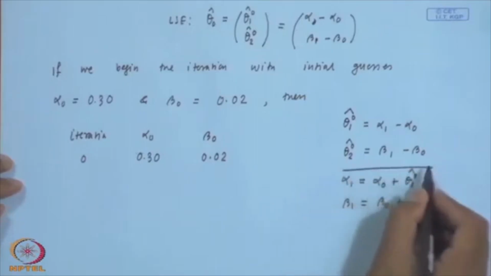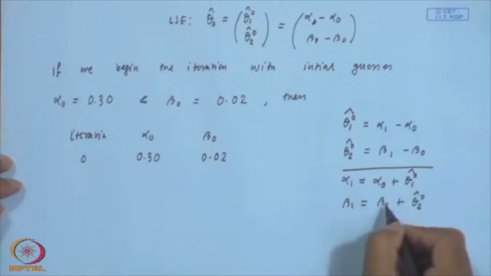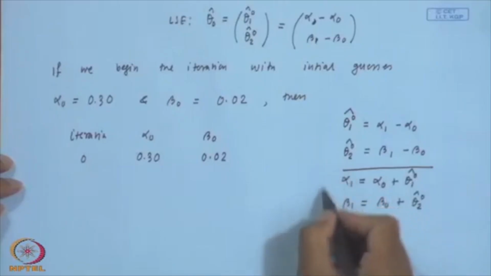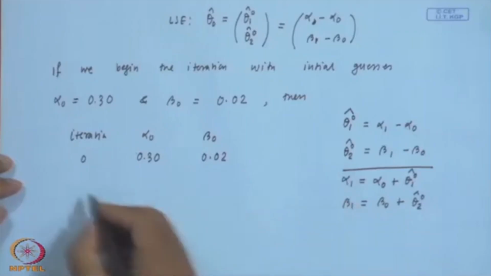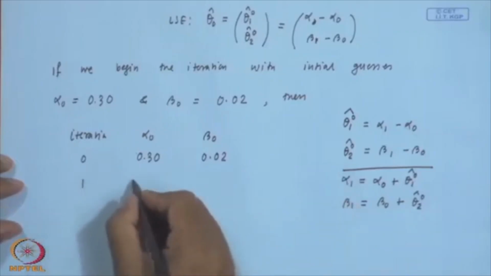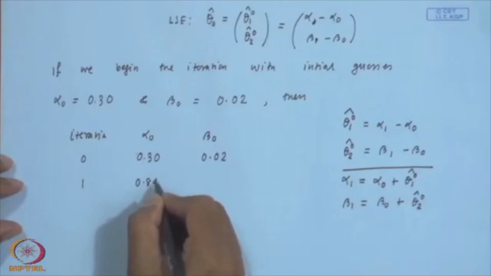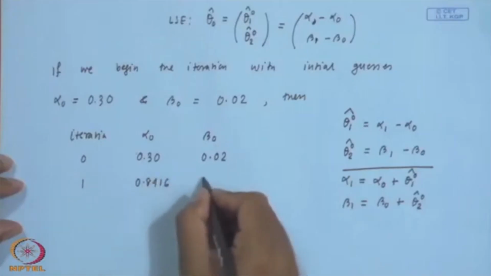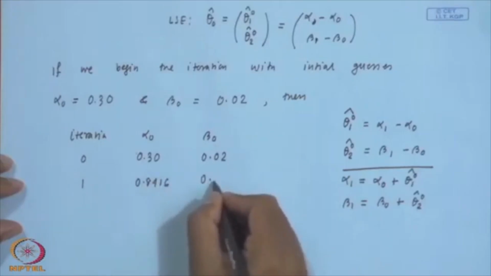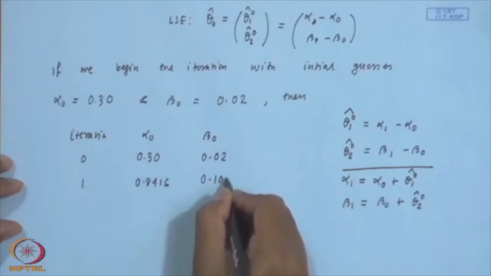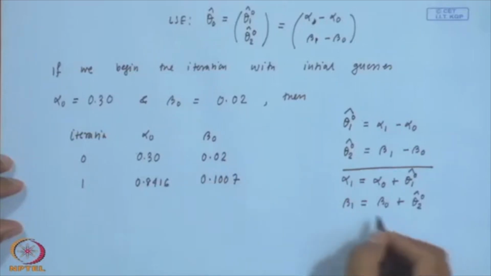Okay, so we started with alpha naught beta naught, and now the improved values alpha 1 and beta 1 in the first iteration are 0.8416 and 0.1007.